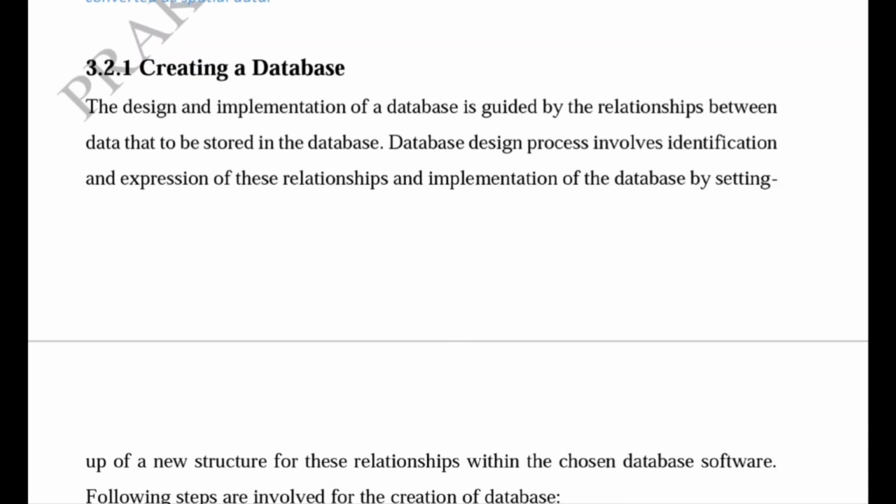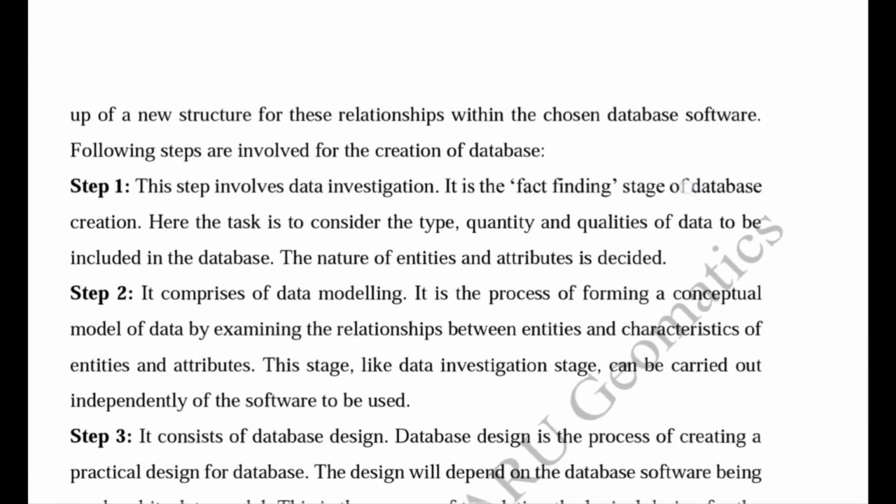So this is the overview of the 4 steps for creating a database. In the database design process, identification and expression of the relationships is required, and implementation depends on the chosen DBMS. For storing the data in a new structure, their relationship must be the same. So these are the 4 steps.